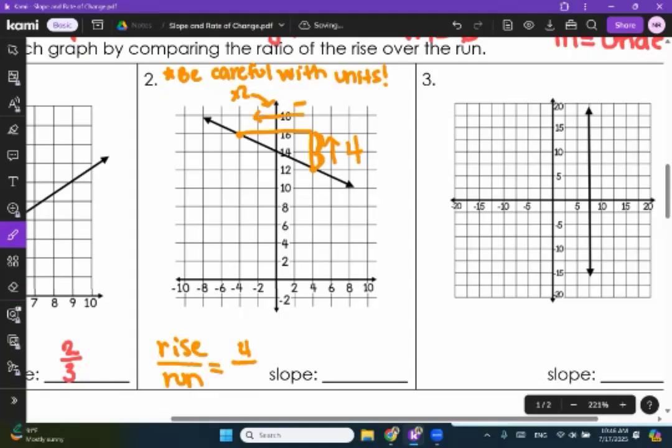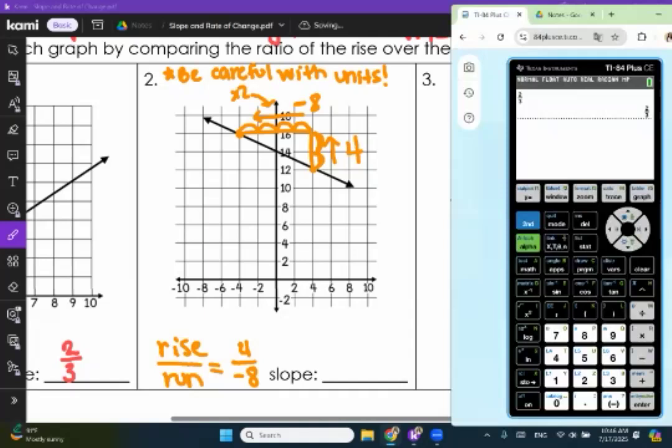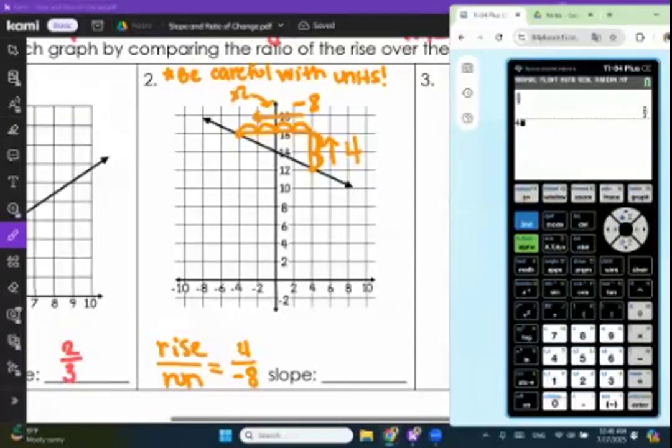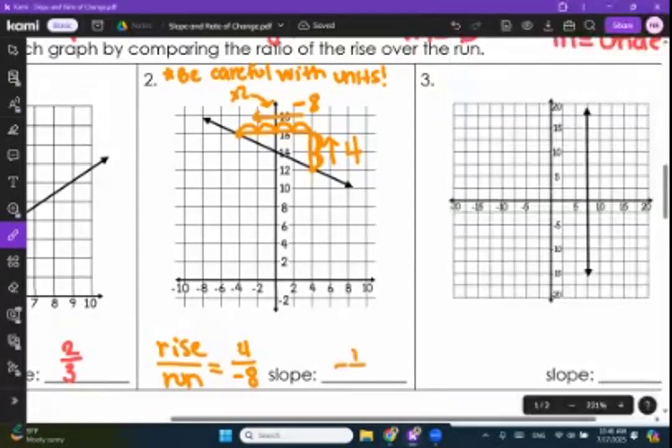The x-axis is also counting by 2s. So 2, 4, 6, 8, making that a -8. 4 over -8, let's check our fraction. That gives us -1/2.